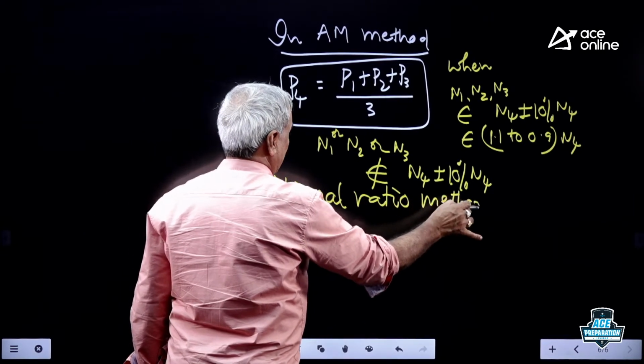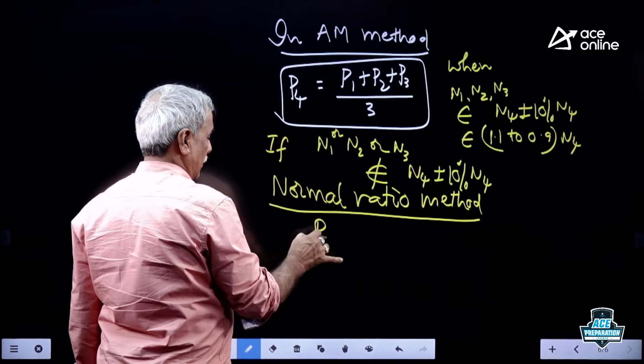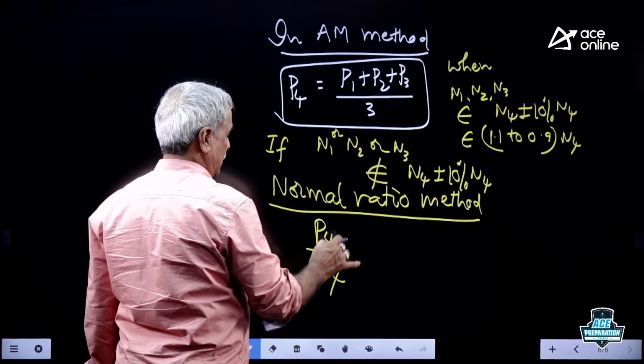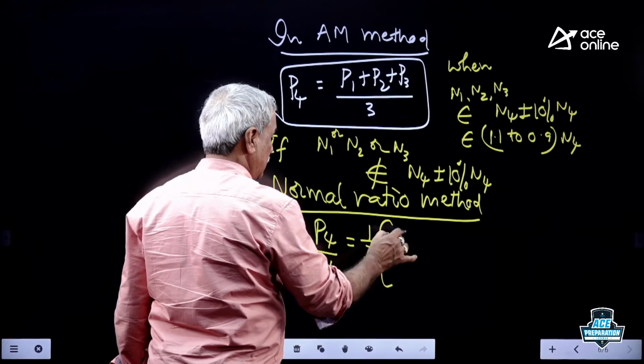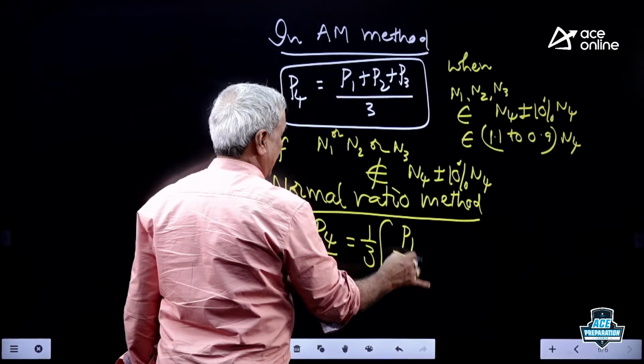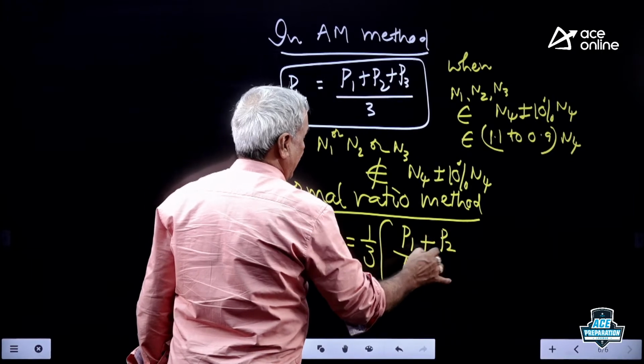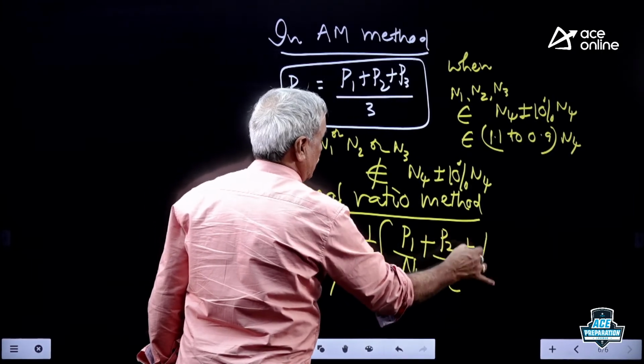By normal ratio method, normal ratio of the fourth station is equal arithmetic mean of remaining 3 operative rain gauge stations.